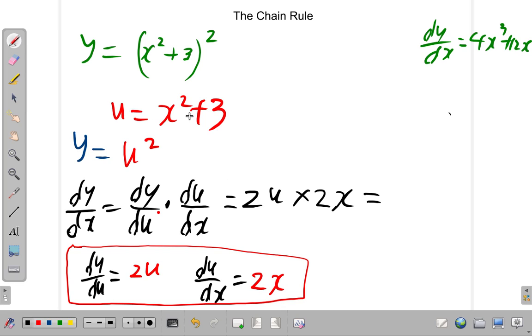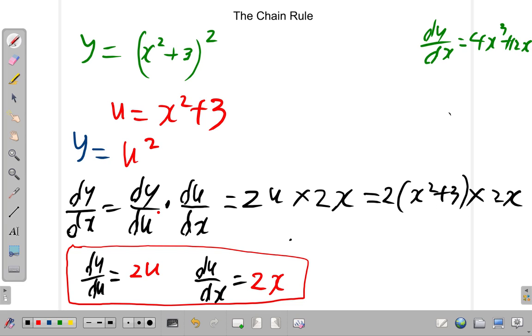U was x squared plus 3. So we say this is 2 times x squared plus 3, then multiplied by 2x. Here, no, multiplied by 2x, not plus 2x. This is a multiplication sign.